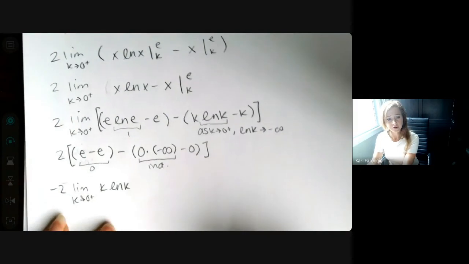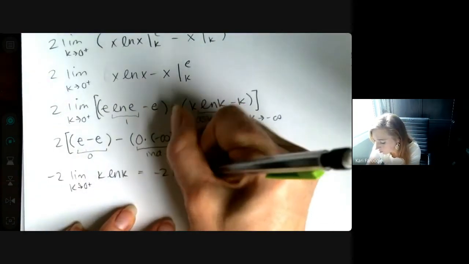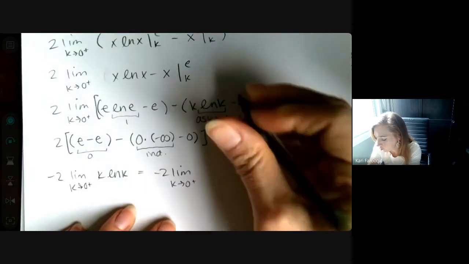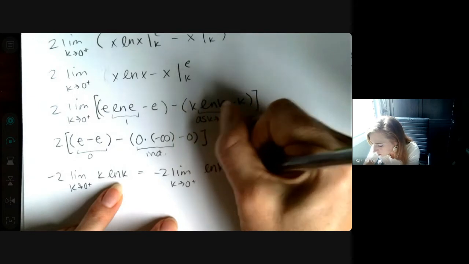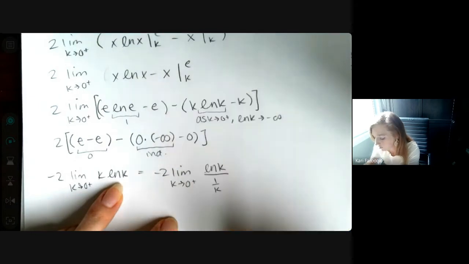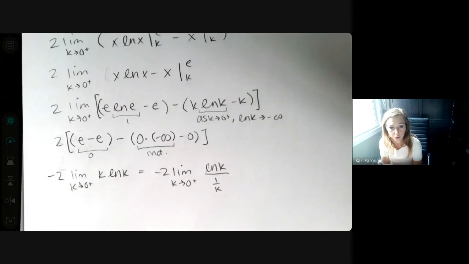We did one similar to this yesterday. We said that in order to use L'Hopital's rule, we need to write it as a quotient. So I'm going to keep the ln k in the numerator, and in the denominator, I'm going to write it as 1 over k. So multiply by k, divide by 1 over k. Same idea. Write it as a quotient so that you can apply L'Hopital's rule.